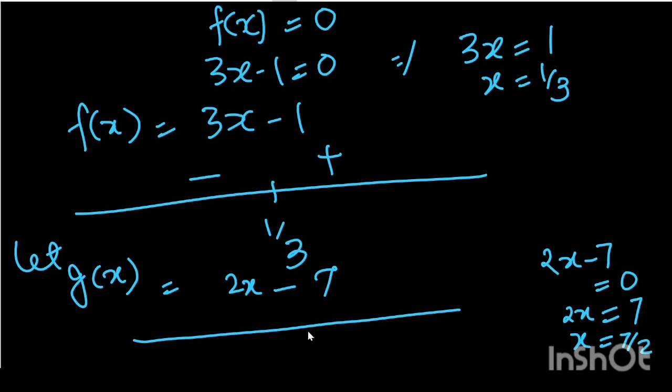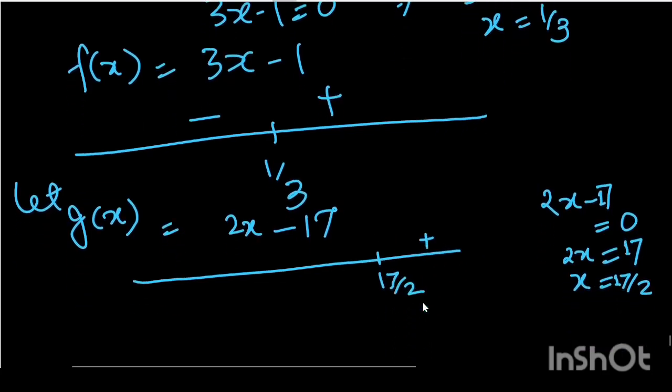So 2x minus 17 can be plotted like this, guys, at 17 by 2. Again I will plot plus and minus.